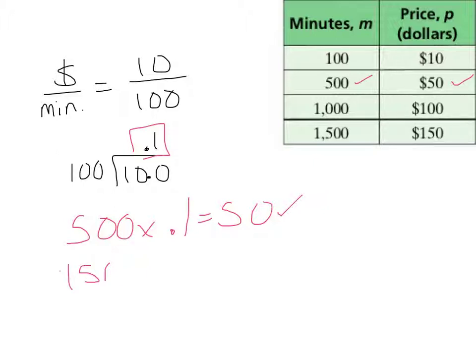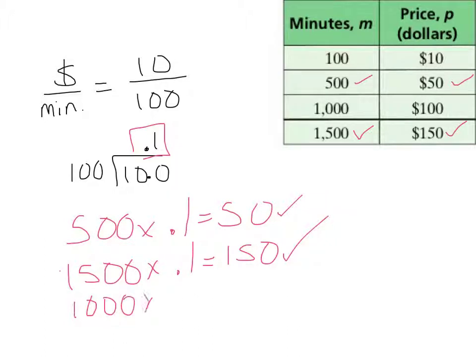We'll do 1,500 times 0.1. That gets us 150. 1,500, 150. That works. Let's do the last one. 1,000 times 0.1 equals 100. 1,000, 100. That works.